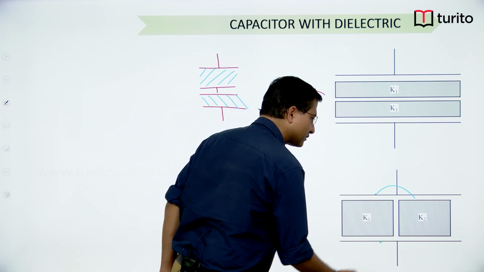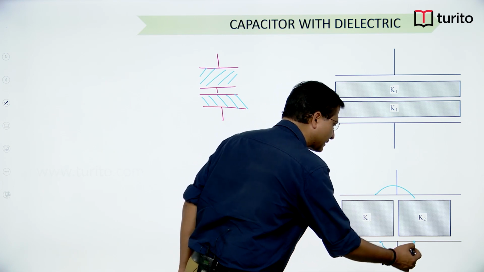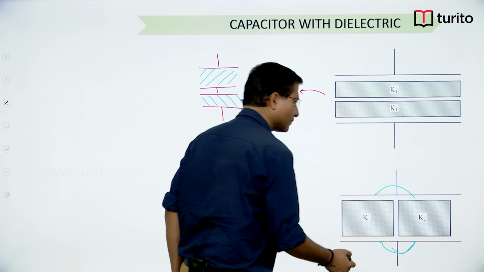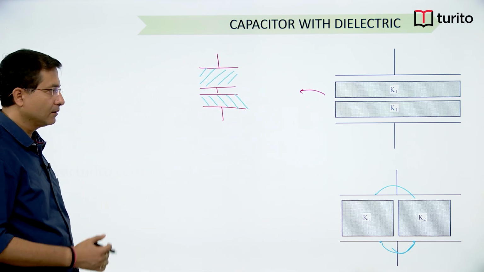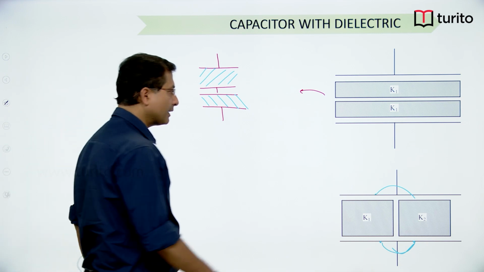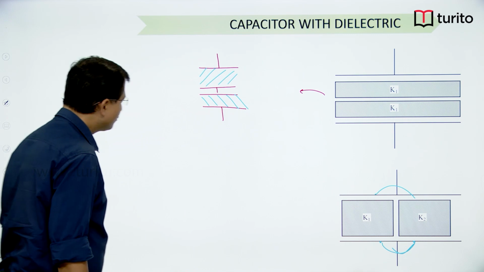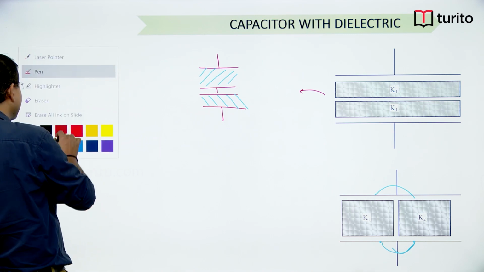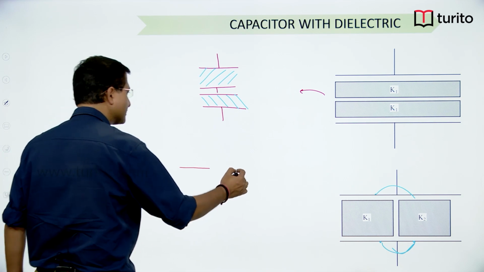Similarly, the second terminal of the first capacitor and the second terminal of the second capacitor are also connected because they are made up of the same plate, right. So these two are at the same potential. I can see this as two capacitors connected in parallel, right. So this is the way I can see it.